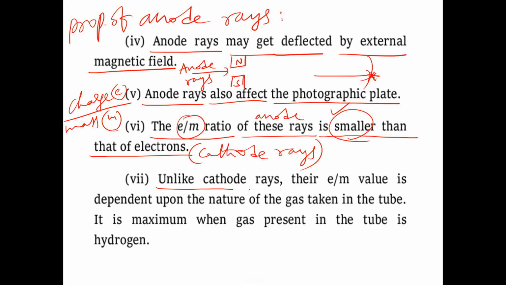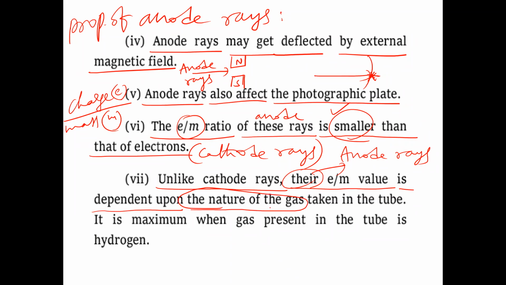Next, unlike cathode rays, the E by m value of anode rays is dependent upon the nature of the gas taken in the discharge tube.